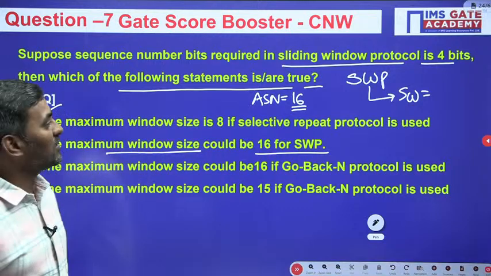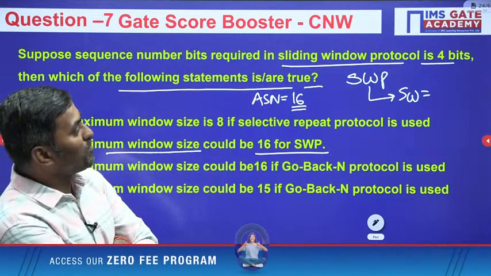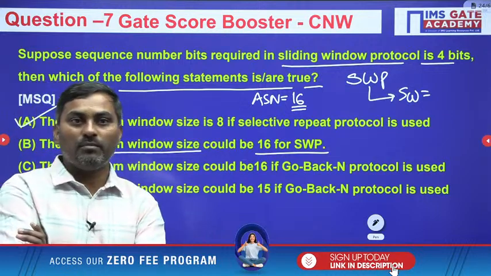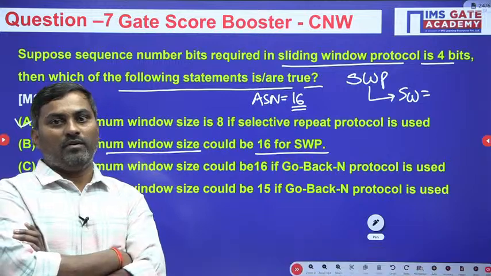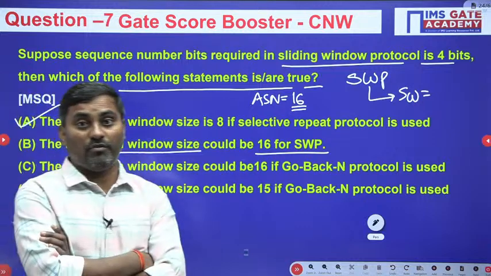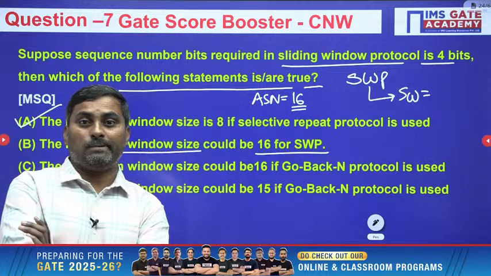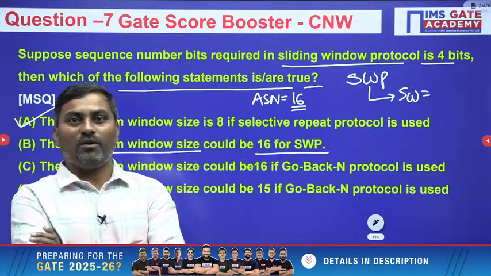Why 14? 4 bits are available for sequence numbers, 4 bits is nothing but 16 numbers possible. We are asking for sliding window protocol. Sliding window protocol is a concept, correct or not?